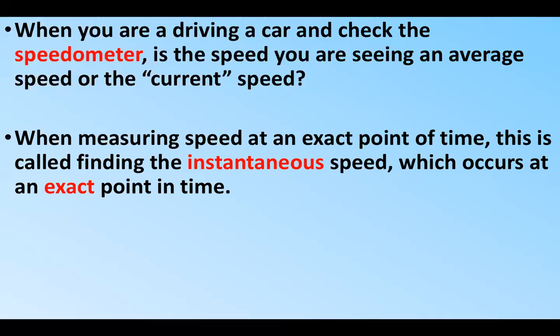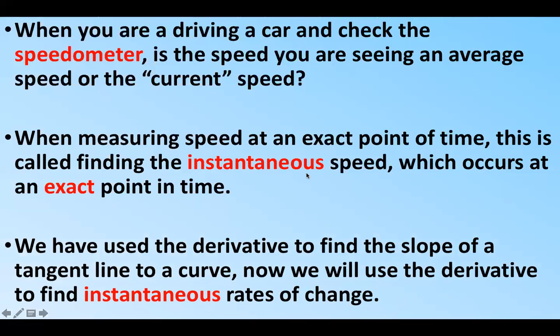So when you're measuring speed at an exact point in time, this is called instantaneous speed. That's when the derivative comes in. We've used the derivative to find the slope of the tangent line to a curve. Now we're going to be applying it to instantaneous rates of change, like when a car is moving.